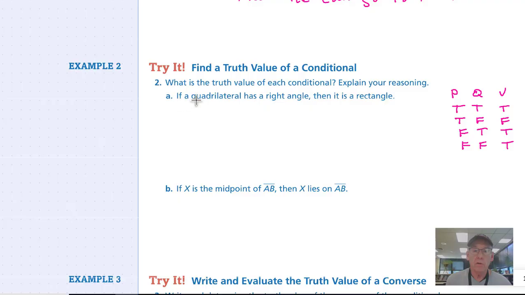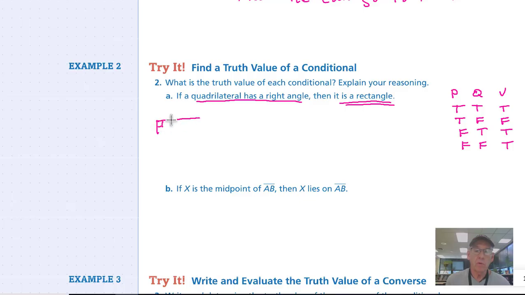So let's see. If a quadrilateral has a right angle, so I single underline the hypothesis part and I double underline the conclusion part. So we're talking about a quadrilateral with a right angle, so assume that's true. Then does it have to be a rectangle? So we're looking for a counterexample. So let's see, a quadrilateral has 4 sides. So let me make a right angle.